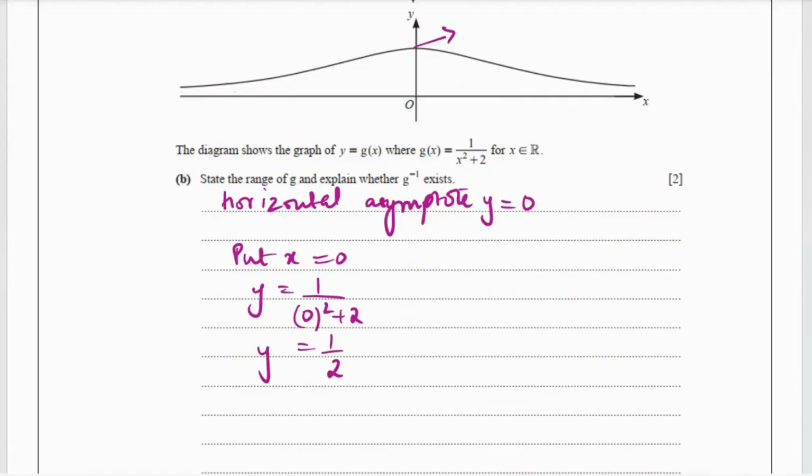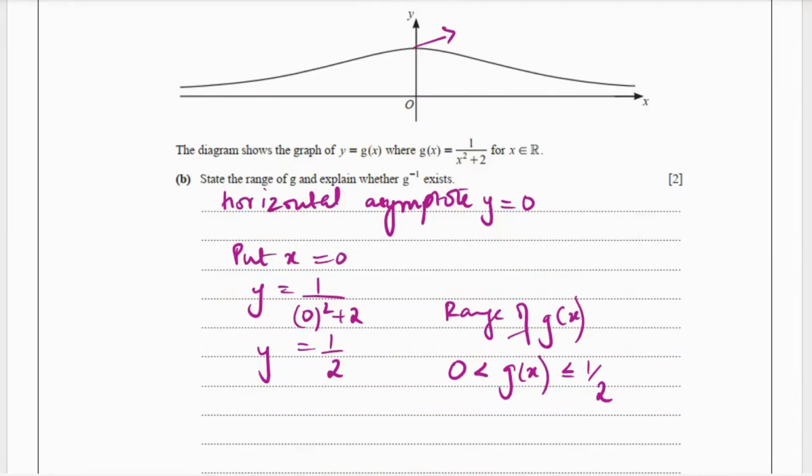So this is your maximum value of the graph. The graph cannot be greater than this value, which means your range of g of x is going to be less than or equal to 1 over 2, but greater than 0. This is your range of g of x.